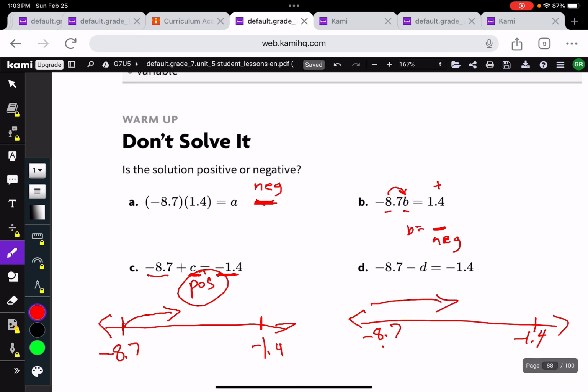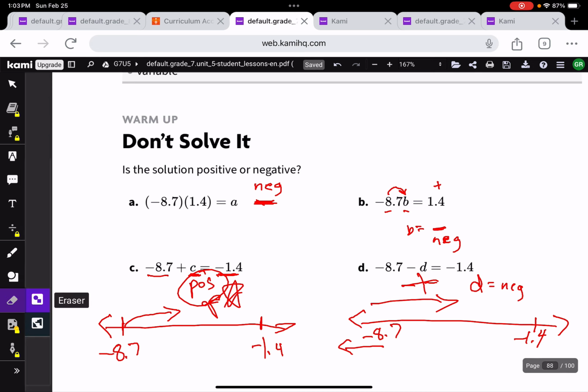How could I take something off? Taking away usually means I go left. How could I take something off to make it go right? Well, if you remember, subtracting a negative means it's one big plus, which is what we did over here. So guess what? D has to be negative.